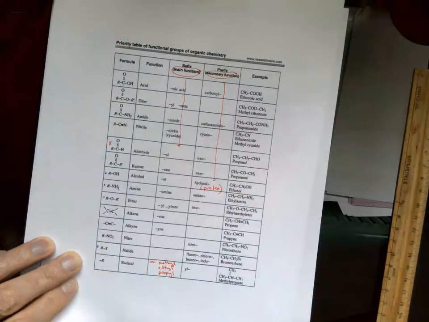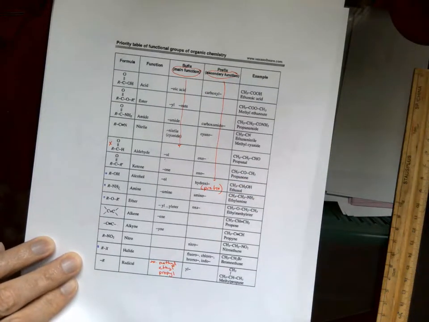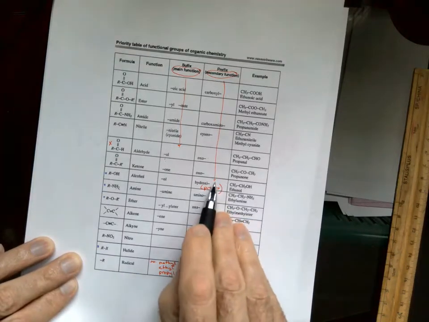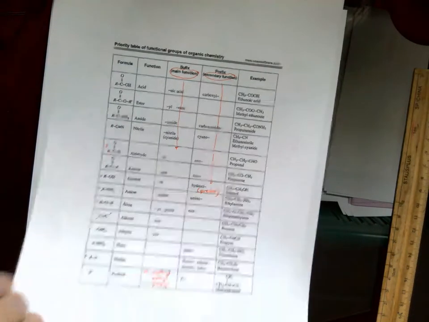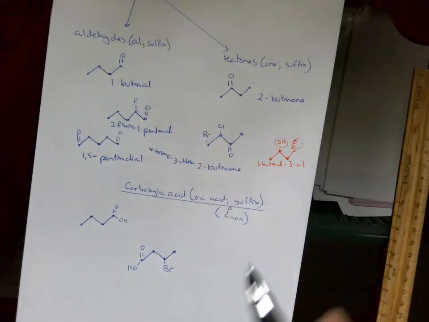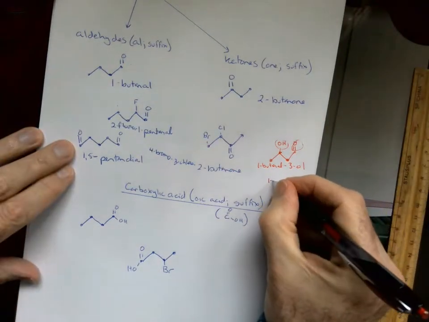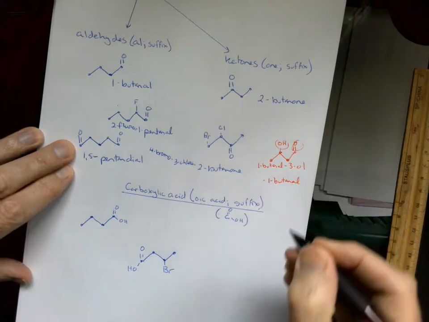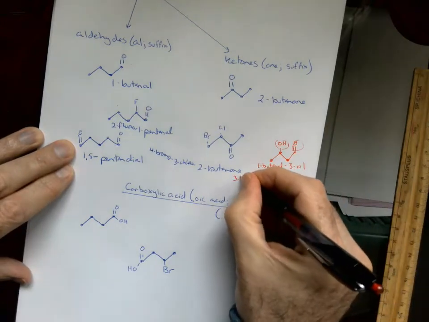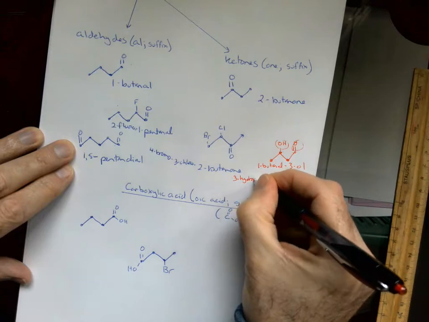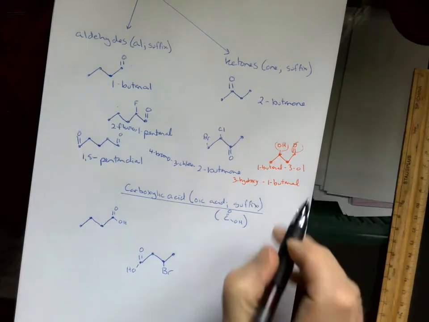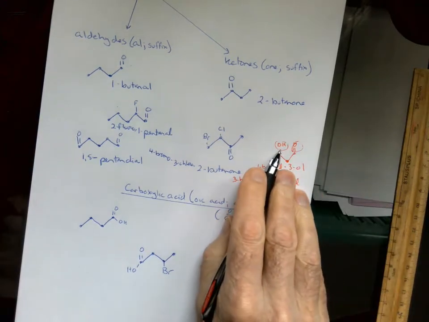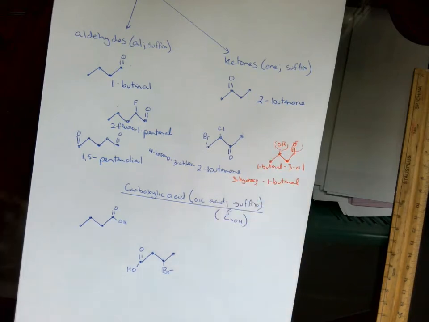So all we do is change how we name the alcohol right now to show that it's not as important as the aldehyde. So that's what this second column's for over here. So this would actually be 1-butanal, and it would be 3-hydroxy. So we've changed the alcohol from the name of an ol to the name of a hydroxy, 3-hydroxy-1-butanal.